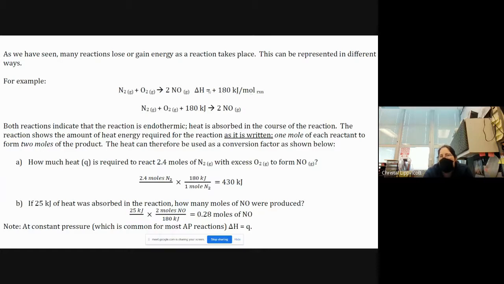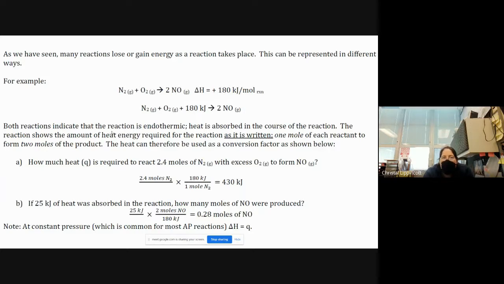And I told you, just ignore that for now. We're going to not ignore it anymore. So this delta H means how much energy is given off or gained. Here, this is a positive value. That means this is an endothermic reaction, and that energy is going to be gained.